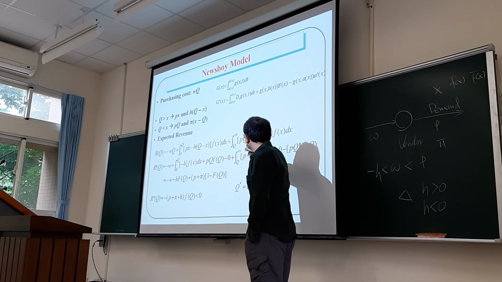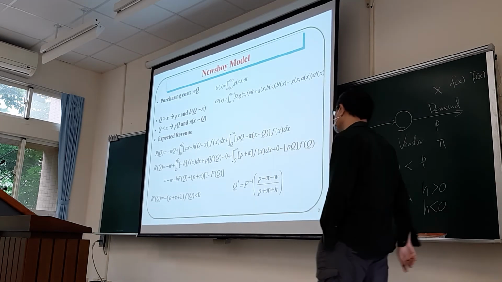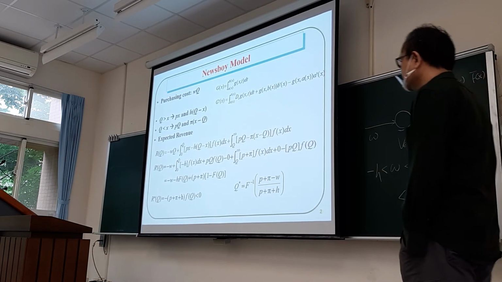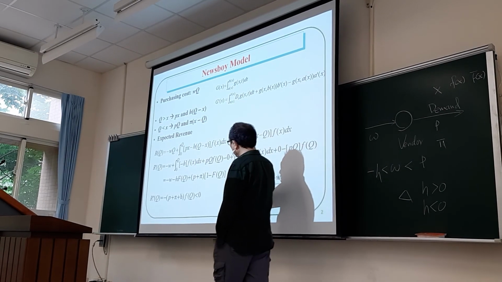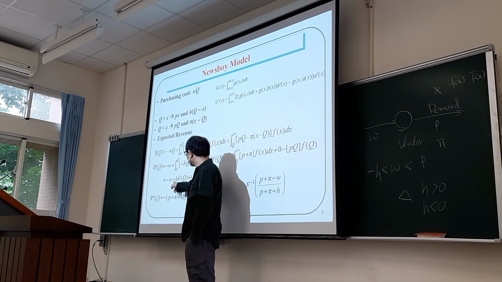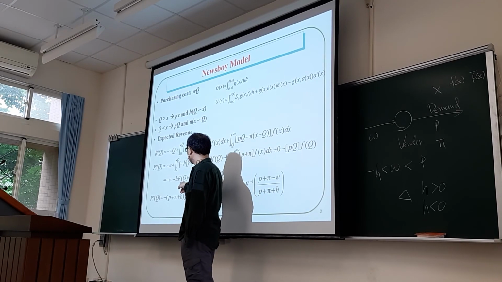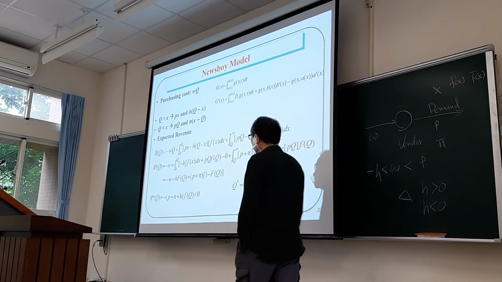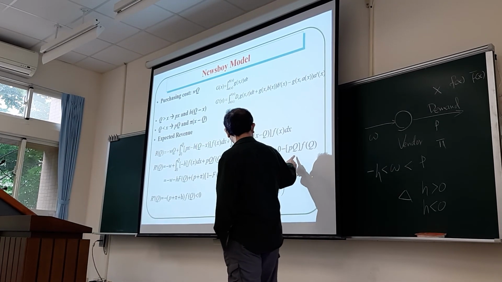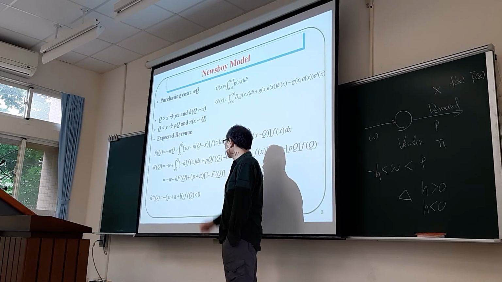Then minus h, integration from 0 to q over the density function, so this becomes the cumulative function, 1 minus the cumulative function.